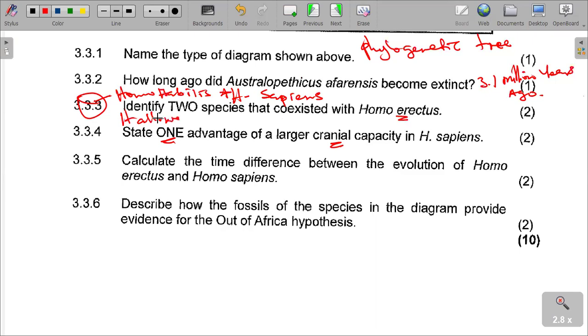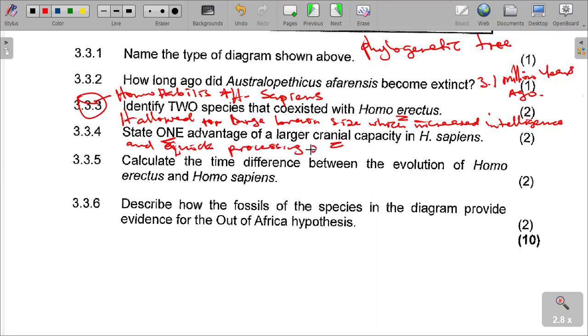It allowed for large brain size, which increased intelligence and quick processing of information, which is an advantage in terms of the cranium size.